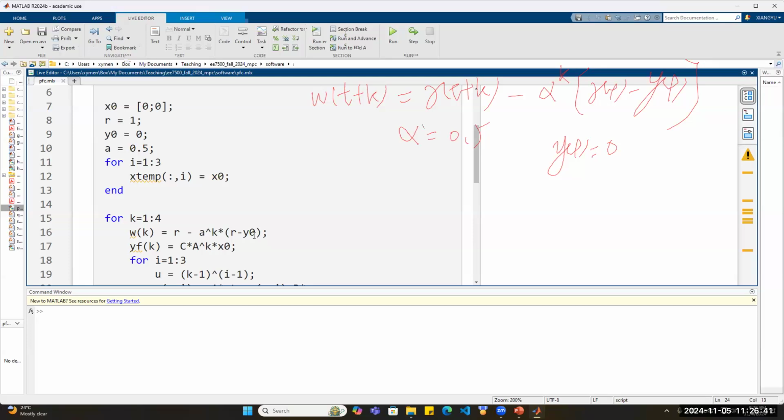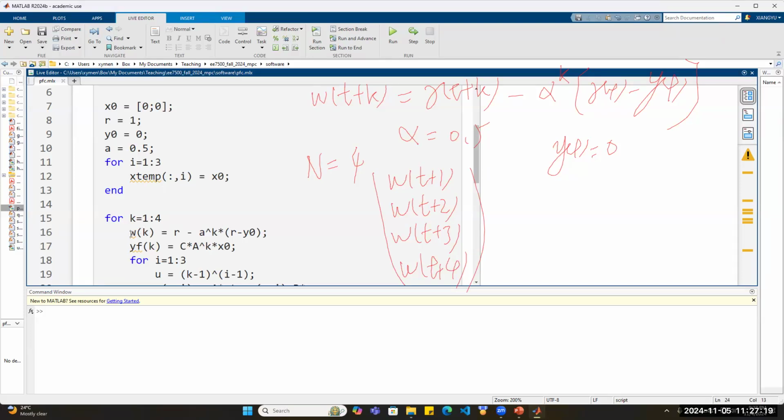Then we need to update at the next time t+1, so the y_0 here will not be 0. This is the formula. Let's assume the prediction horizon N is 4, so we need to calculate w(t+1), w(t+2), w(t+3), w(t+4).